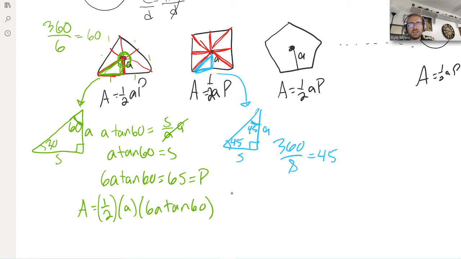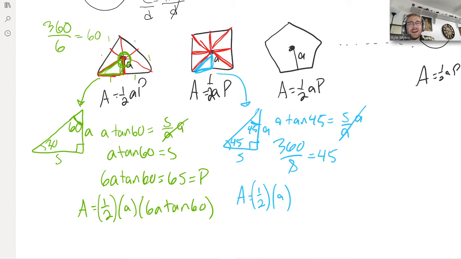So this is really just area equals 1/2 times the apothem. And then if I really wanted to, I could write this as tangent. The tangent of 45 degrees equals opposite S over adjacent A. So A tan 45 is equal to one of the sides.